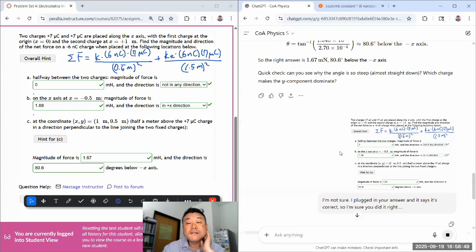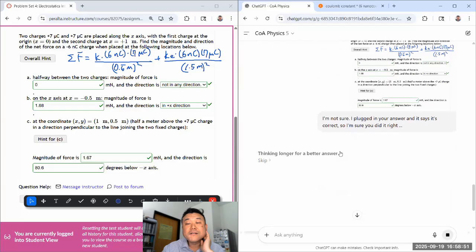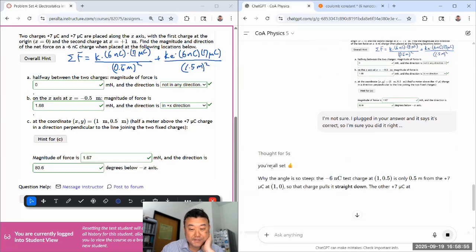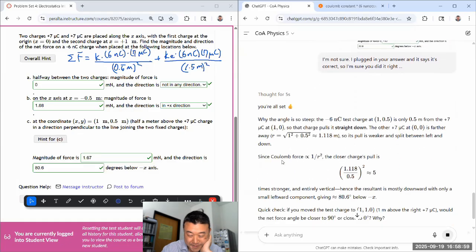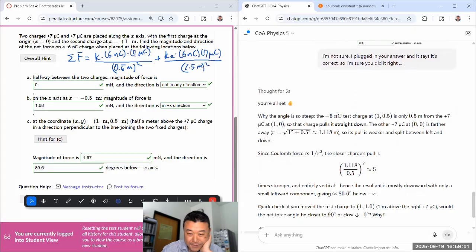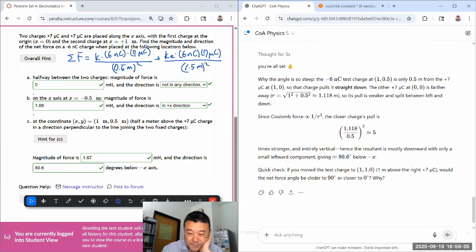Why the angle is so steep? Yeah, I mean, sure. I guess closer to 0.